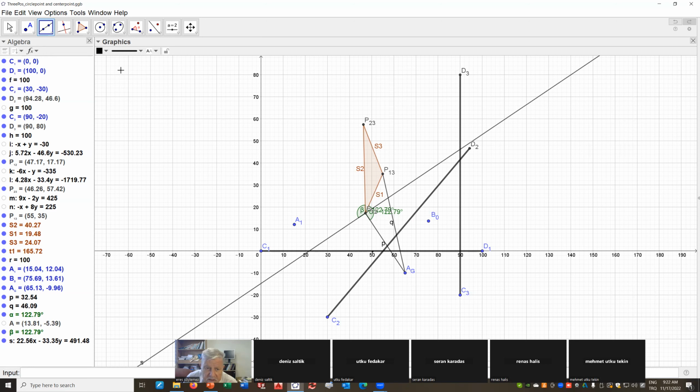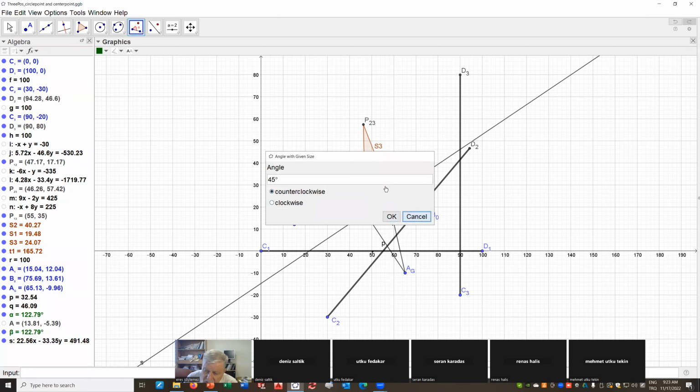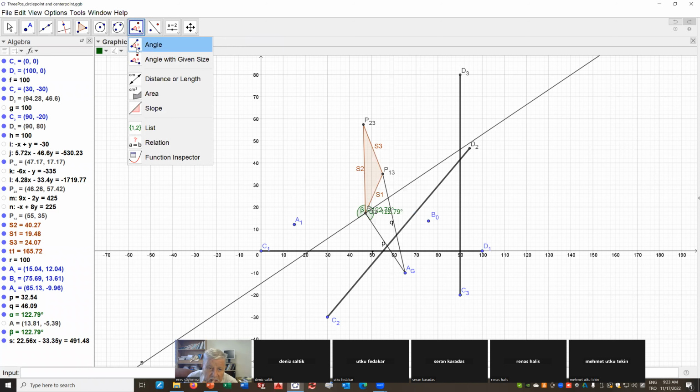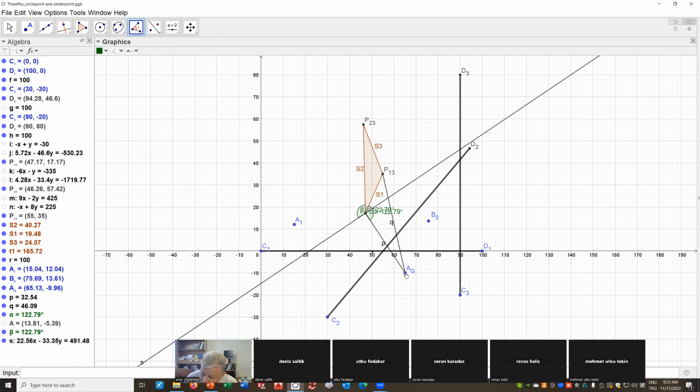I will repeat the process. I'll measure the angle made by AG P13 with respect to side 1.